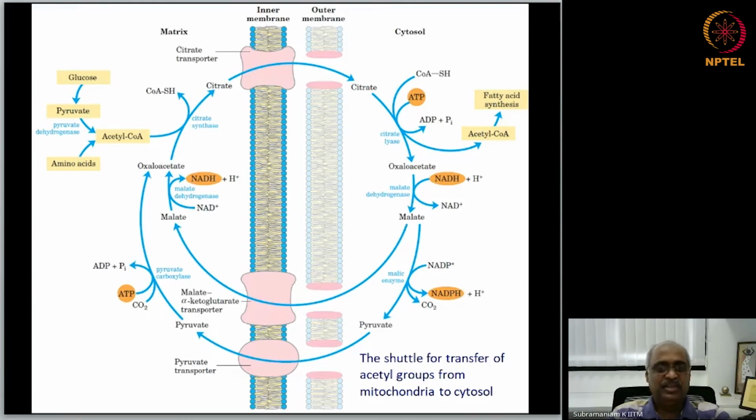Okay, so therefore acetyl-CoA is produced in the mitochondria. And the fatty acid biosynthesis, almost all synthetic reactions, happen in the cytoplasm, which means the acetyl-CoA, which is the raw material for fatty acid biosynthesis, must be transported from mitochondria to cytoplasm. So this circular diagram explains how that is done.